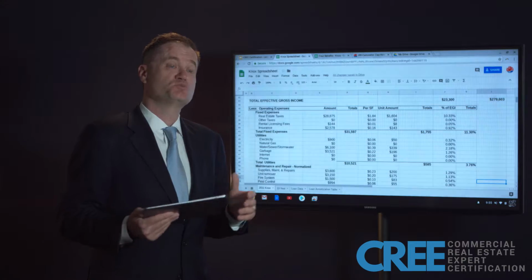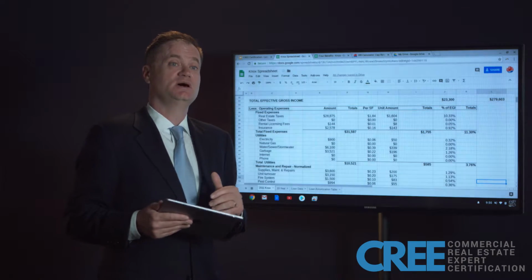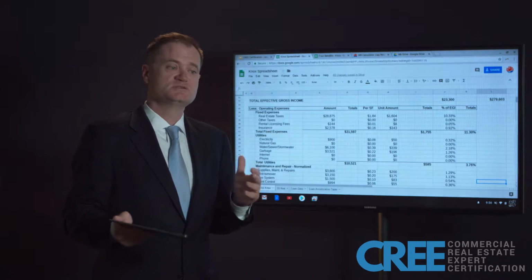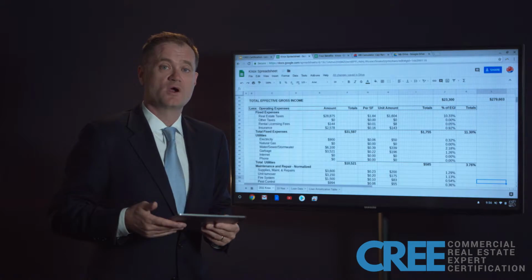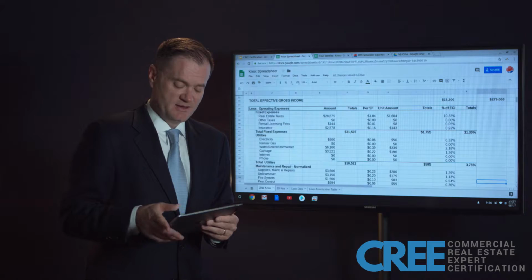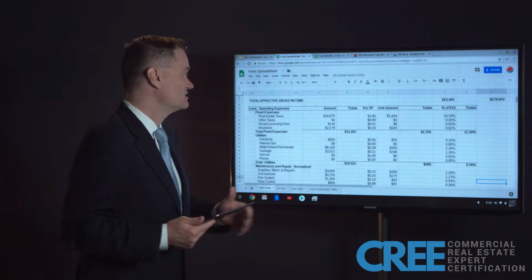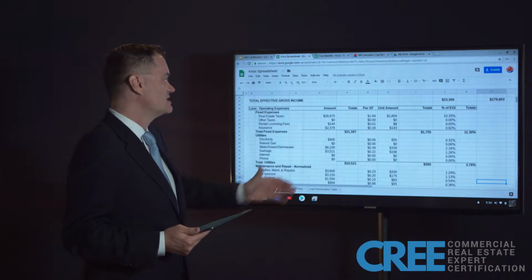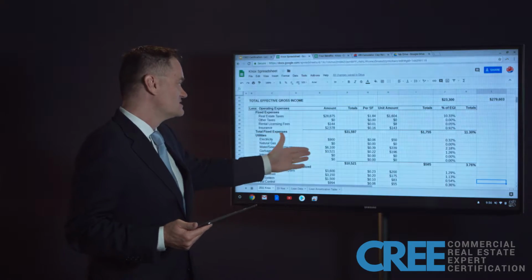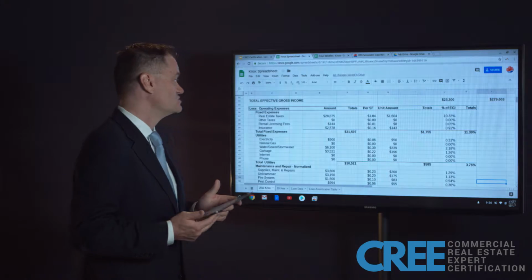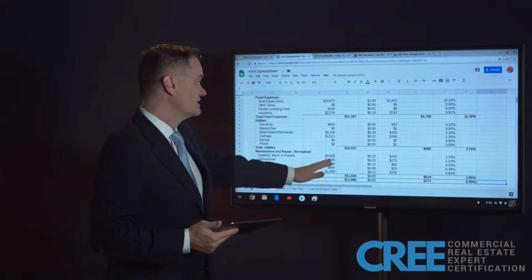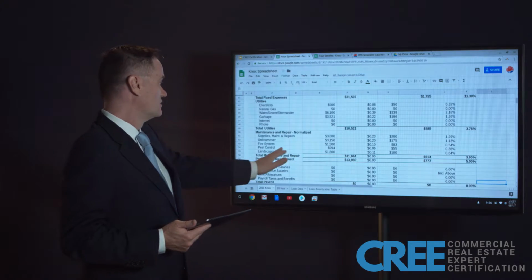I've looked at this property and I've looked at the income and expenses for 3 years, and so I've kind of averaged them out over the 3 years, looked at where the current market is and where rates are for utilities, and this was basically our best number, or in some cases it was the actual number for the current year or the previous year. And so our total utilities is around $10,000.